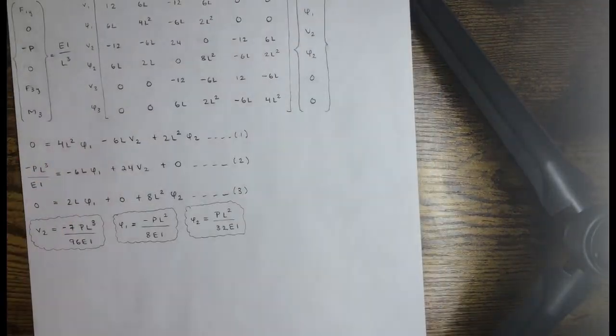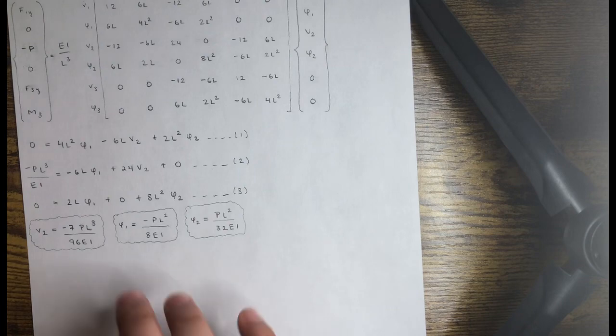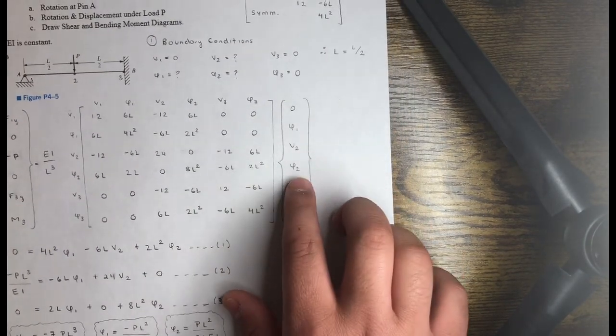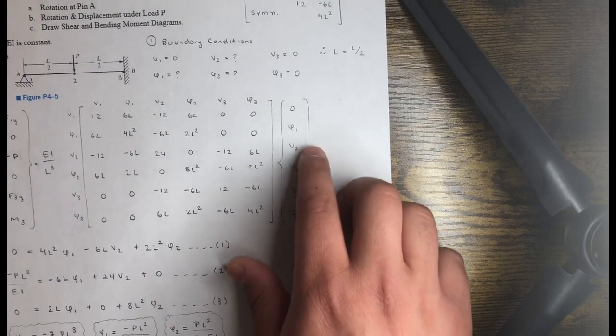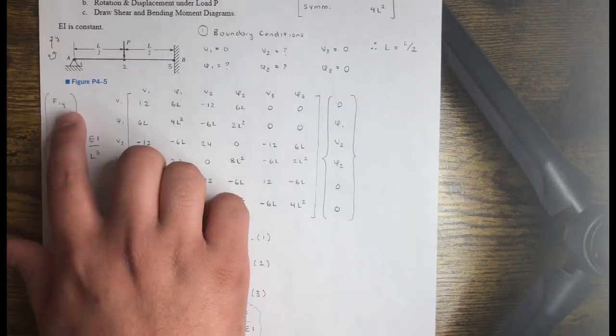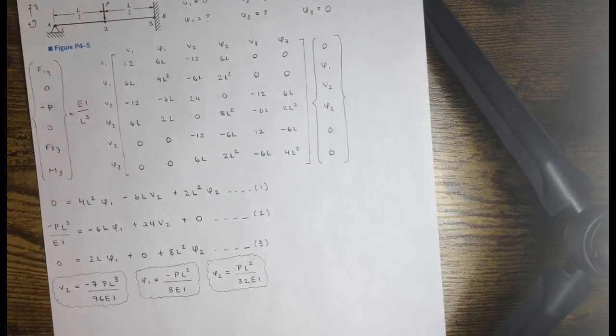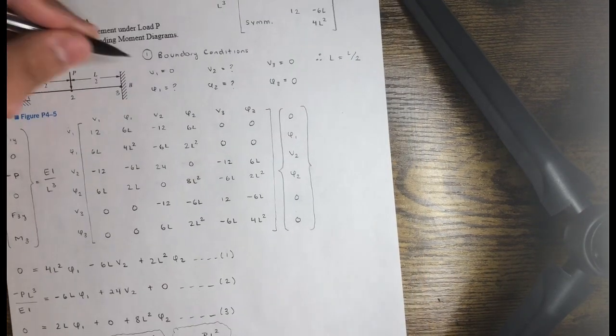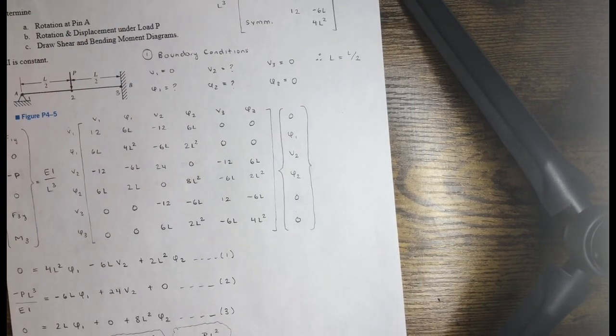So we could go ahead and continue. In this case, we could go ahead and set, now that we found our 3 boundary conditions, right, the ones that we didn't know, which are these 3, let's go ahead and find f1y, f3y, and m3. So let's assemble the equations, right, just like we would normally. Let me put some steps here. So step 1 was boundary conditions. Step 2 was the global equation.